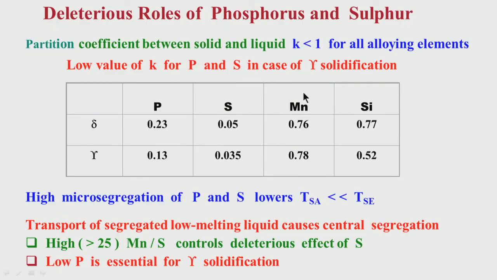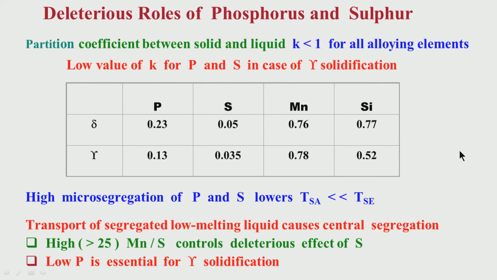So, what is important to remember is that phosphorus and sulfur are more potent for causing microsegregation, more potent for suppression of actual solidus compared to the liquidus. So, the difference between liquidus and actual solidus increases.